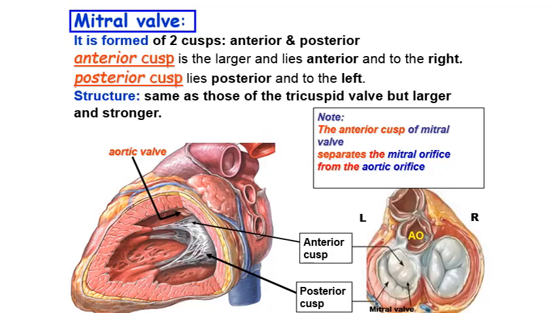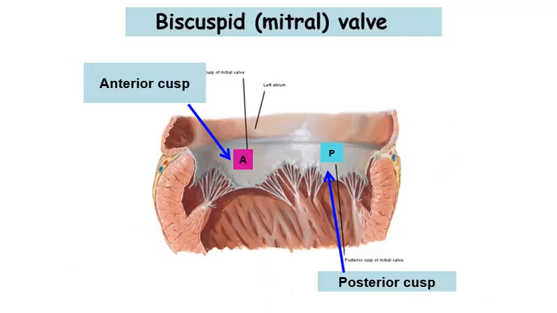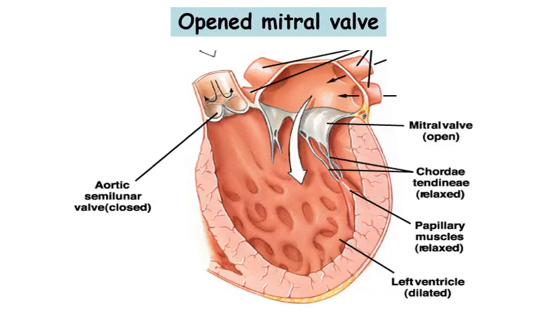The posterior cusp lies posterior and slightly towards the left side. It has the same structure as those of the tricuspid valve, but larger and stronger. This is the bicuspid valve with the anterior cusp and the posterior cusp.